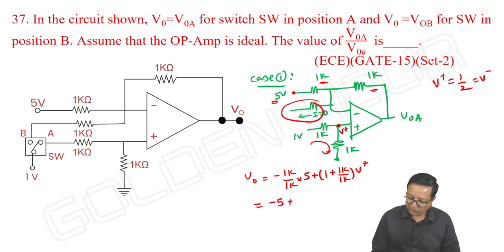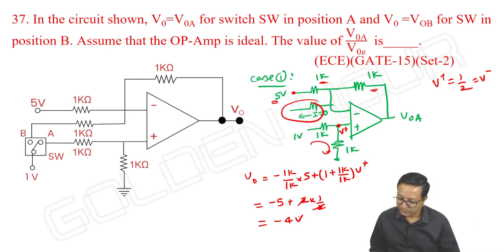So it is minus 5 plus 2 into what is V plus? It is 1 by 2. So finally what we get? Minus 4 volts. VOA is equal to minus 4 volts.